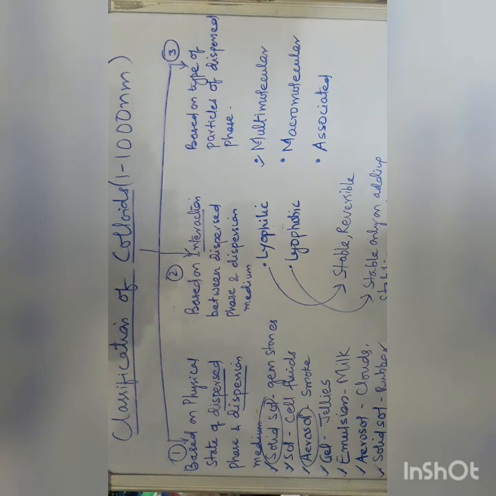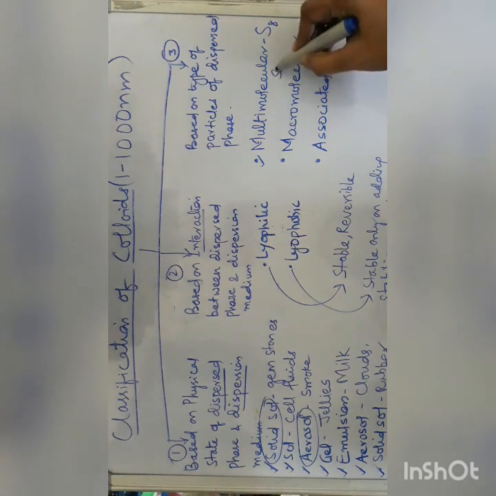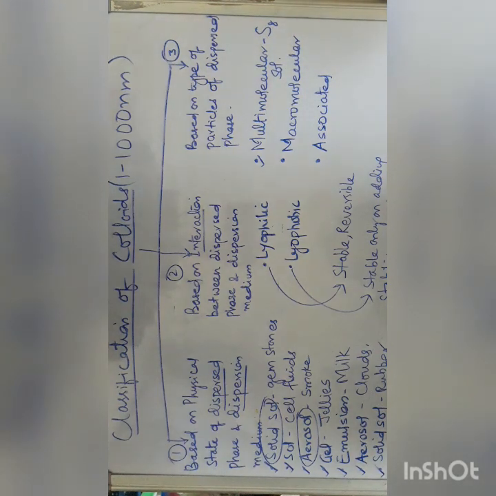But when they form a colloid, the particles of the dispersed phase get aggregated and come in the range of 1 to 1000 nanometer. So in this we can have example of sulfur sol S8, that is sulfur sol is an example of multimolecular colloid.